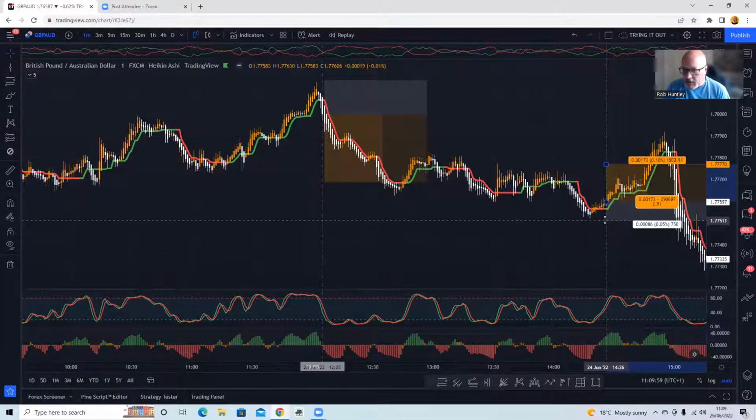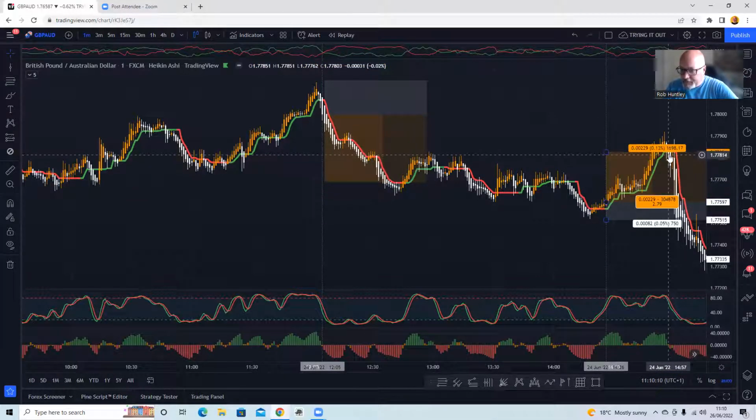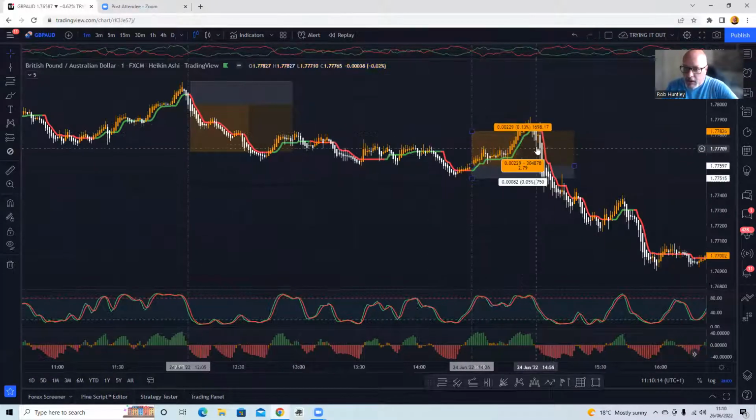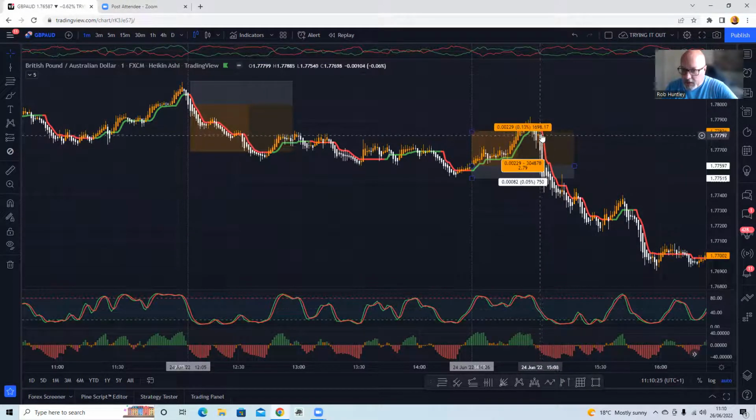Again, just below the swinging low there, and then we'll go for where we would get the cross of the, sorry, we'll move that along a bit. So we've got the vortex crossing, red above green again. The candles have started coming below the extreme trend line.